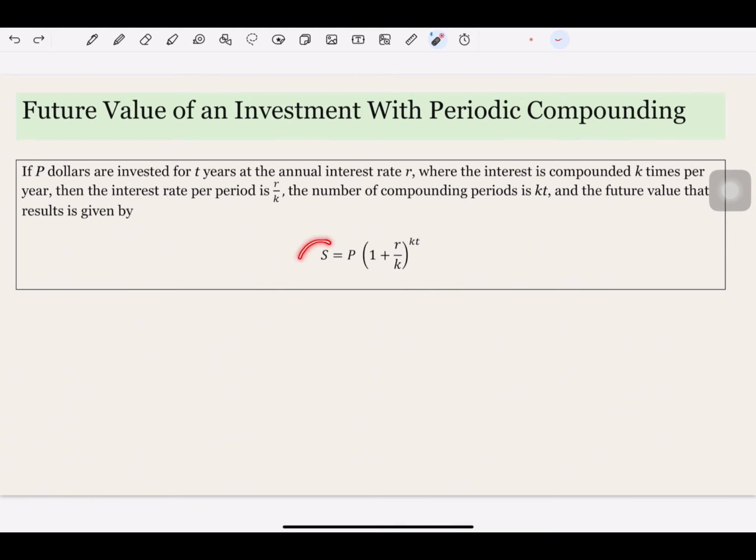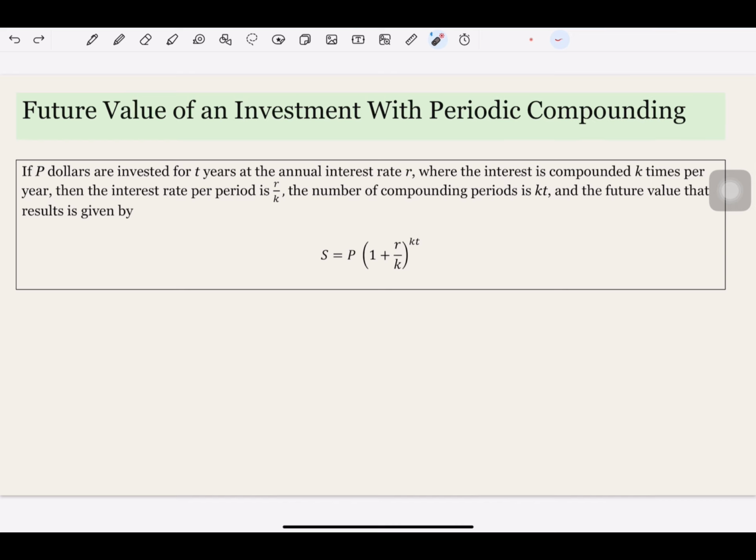Here S represents the future value of an investment, P represents the principal, which means the initial value, and R represents the annual interest rate. Usually this is a decimal value, K represents the number of times the interest is compounded per year, and T represents the number of years.